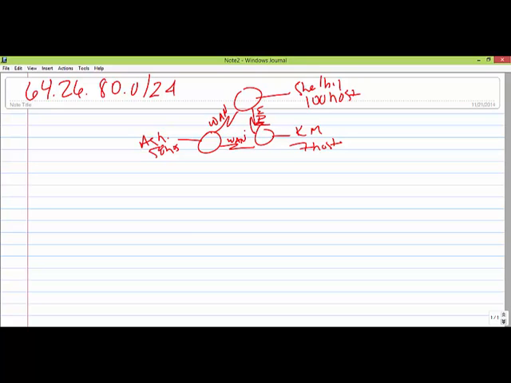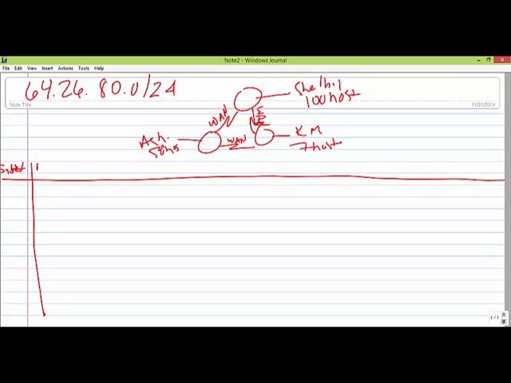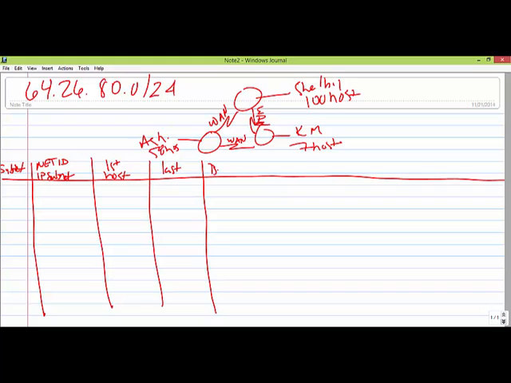Okay, the first thing I'm going to do is make my chart so that I can fill it in correctly. I have my subnet here. Next, I'm going to have my net ID. It may also be called your IP subnet. Then we're going to have our first usable host, our last, our broadcast.